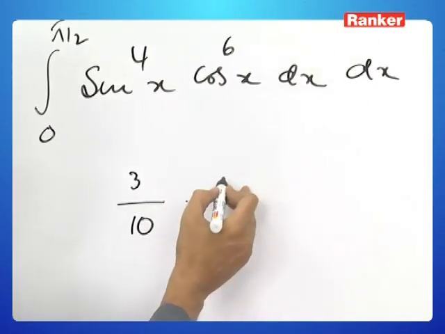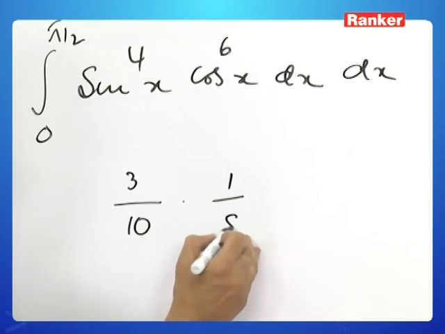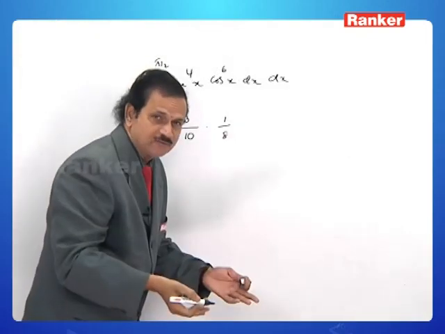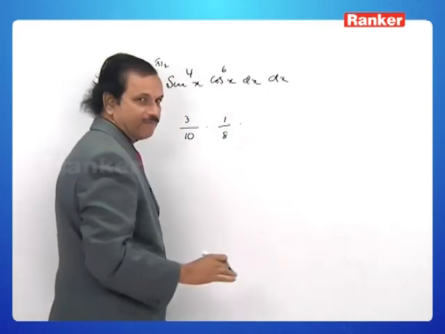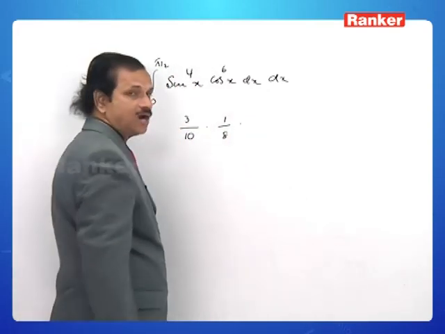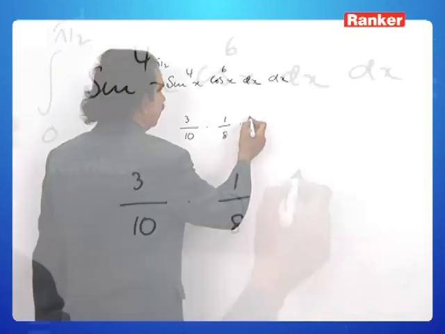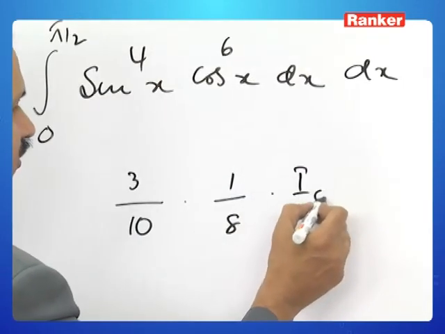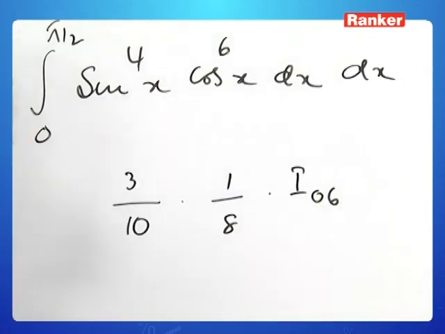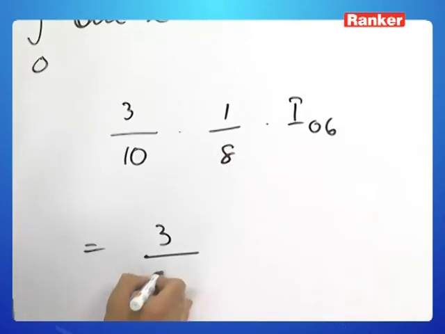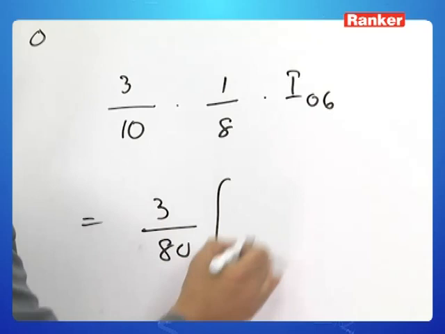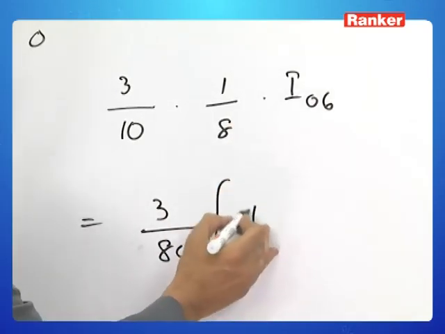Decrease to 1 by 8. Any more steps? No more steps. Stop there. Is m even or odd? Even. So what should you have? I0n, that is I06. This is equal to 3 by 80 into I6.